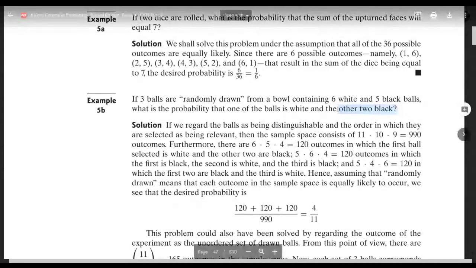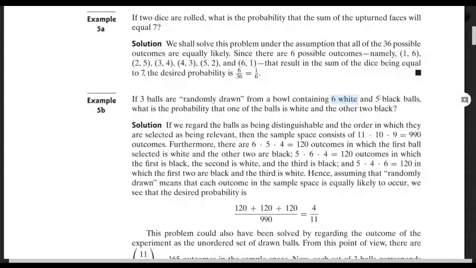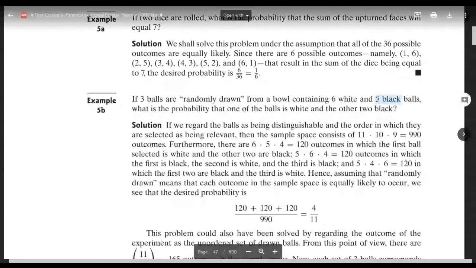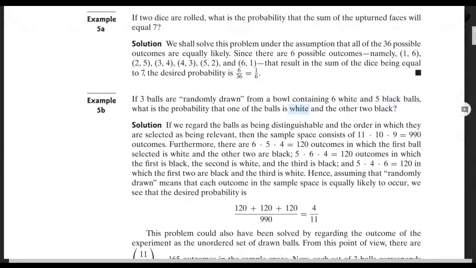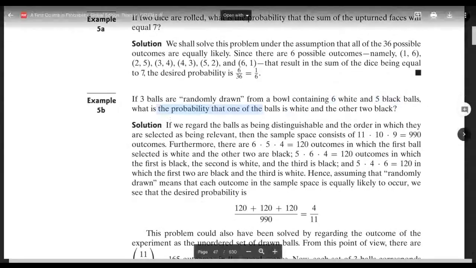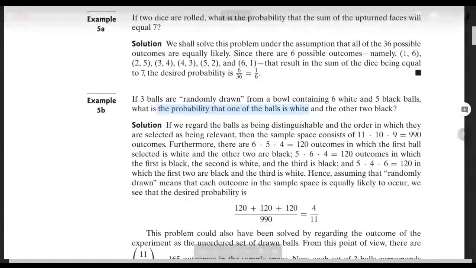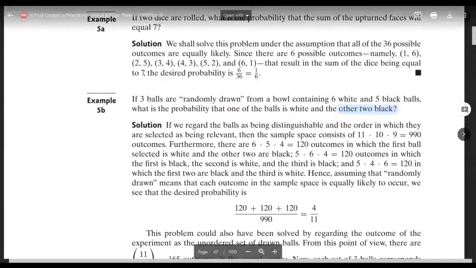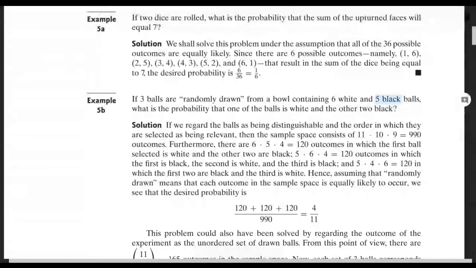When we take 1 out, what is the probability it is white? We have 6 white, 5 black. What is our sample space? 11, right? We have 11 of them. What is the probability of getting white? 6 over 11. What's the probability of getting black? 5 over 11, right? That's to see each event.